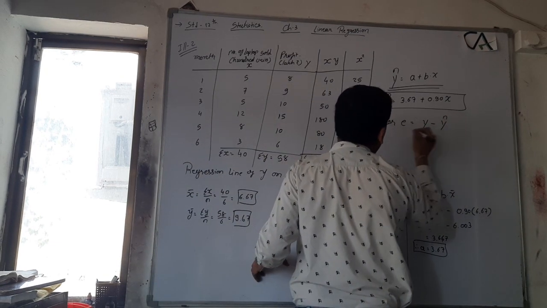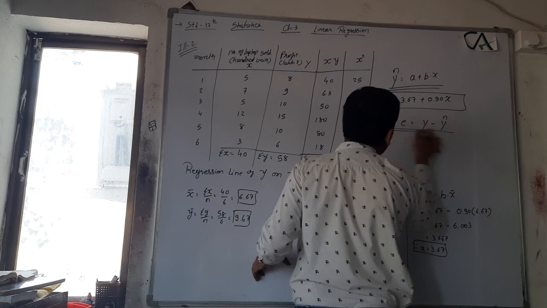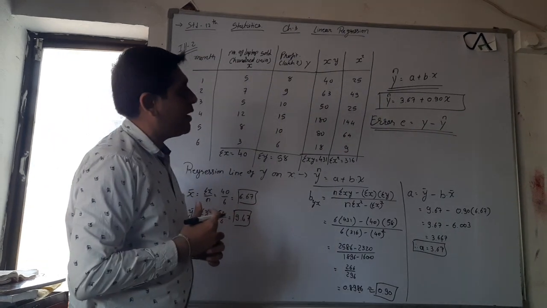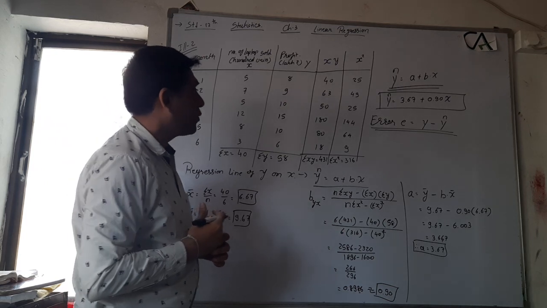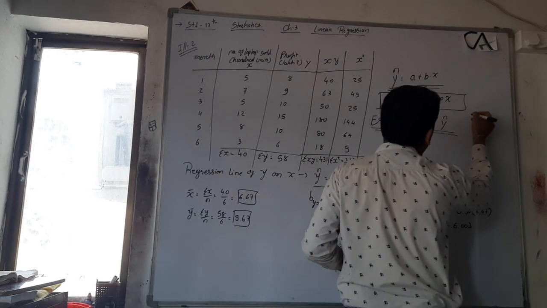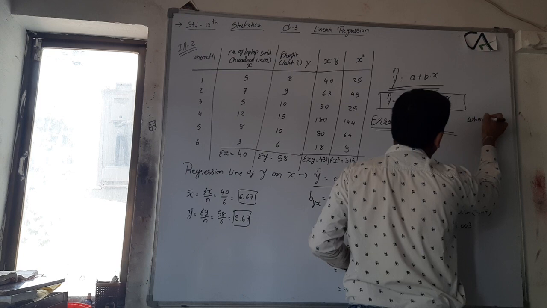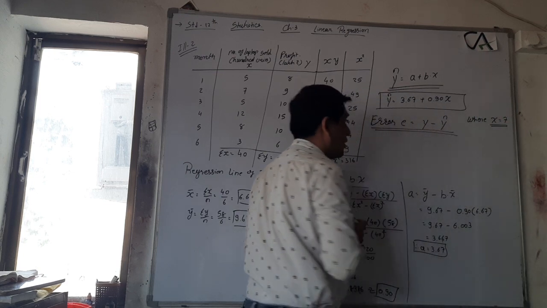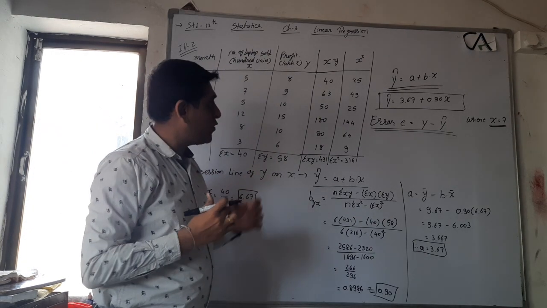This is the formula for error. This is the new formula. Error is equal to y minus y cap, where x is equal to 7. Find out the error. What means of that?